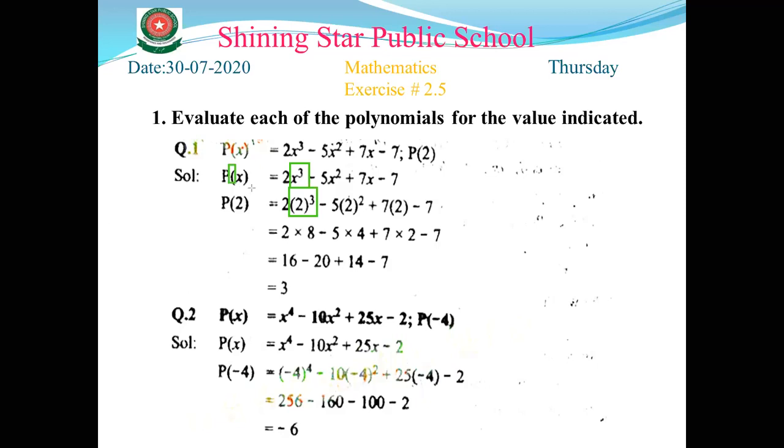Because here we have x, but in our polynomial we replace x with 2. Again, here we have x square, so it means 2 square. Here we have x, so it means 2. Okay, and minus 7.